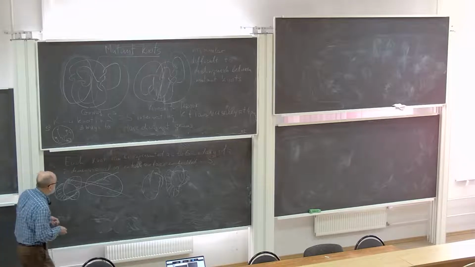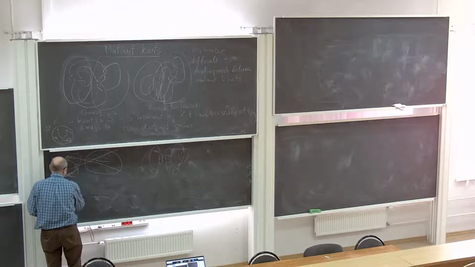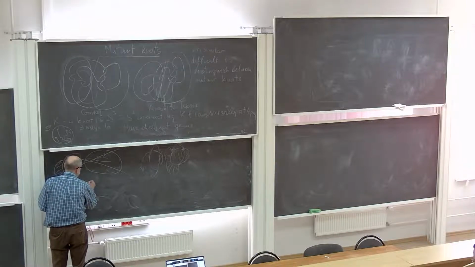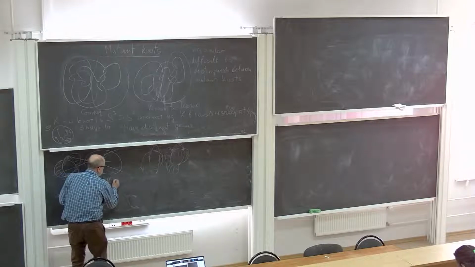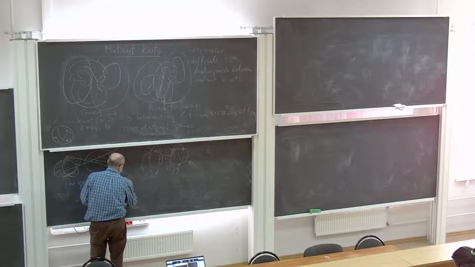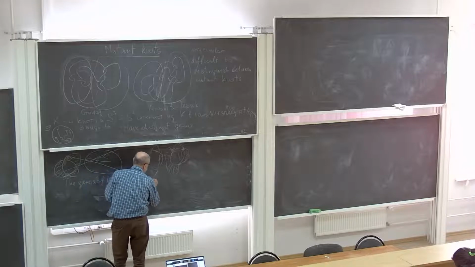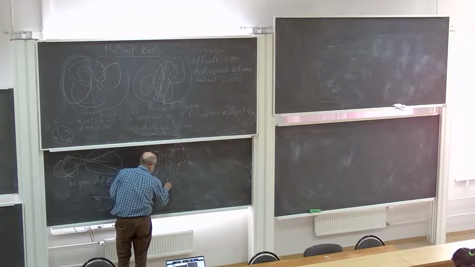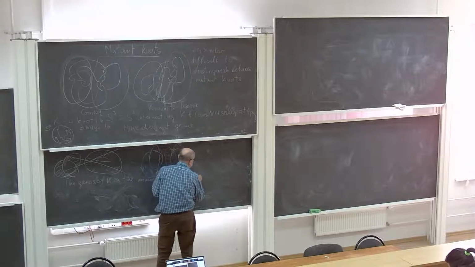The genus of a knot, the genus of K, is the minimal genus of such a surface.